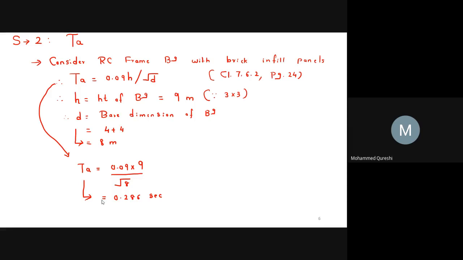Now we will go for the next step. Step number 3, design seismic base shear, denoted by VB.